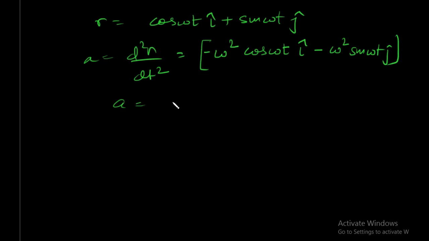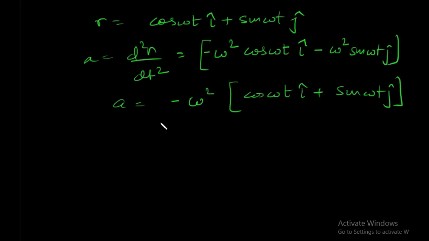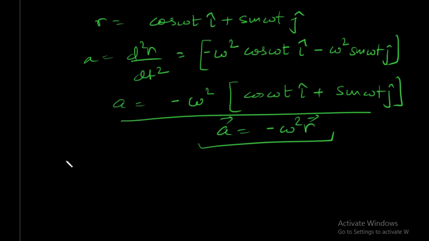So a would be equal to minus omega square, cos omega t I plus sine omega t j. This means a is equal to minus omega square r. So we see that if r is cos omega t I plus sine omega t j, a is simply negative of r.